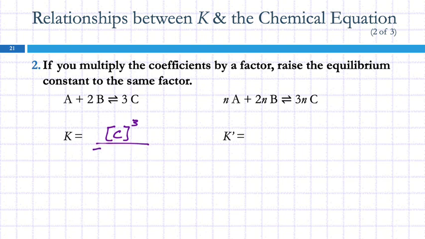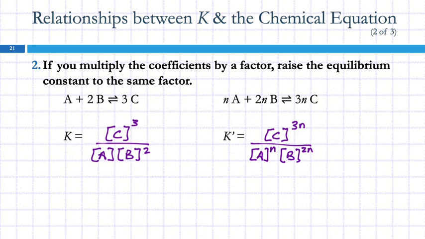C cubed over A times B squared. So in this one, it's still a concentration of C, but we raise it to the exponent equal to its coefficient. Well, now its coefficient is 3n, 3 times n. And we're going to divide by these guys. We're going to divide by A, but it's no longer to the first power, it's to the n power. And B is to the 2n power.